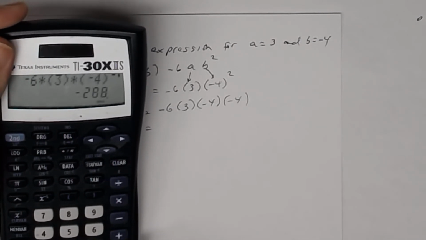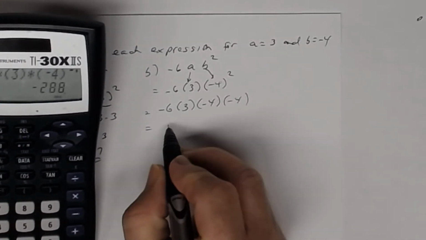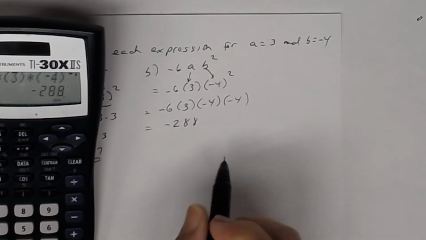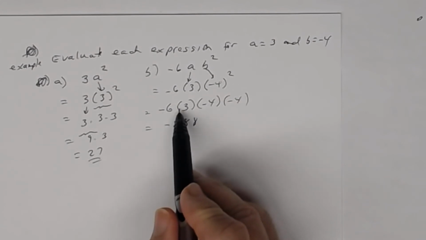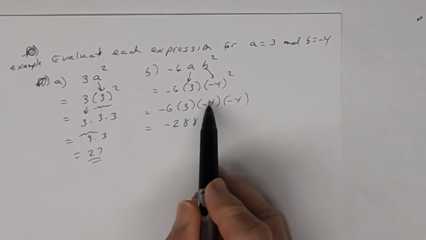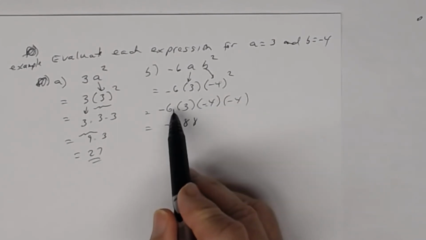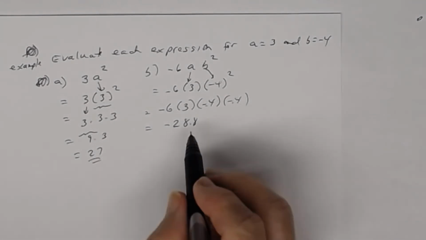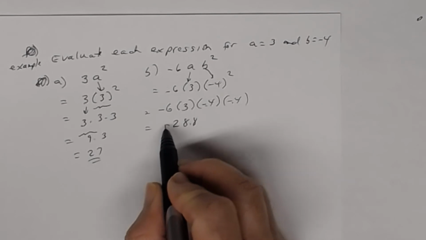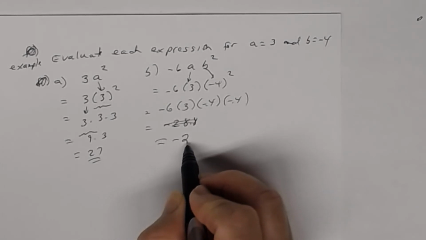And then equal, and you get negative 288. And I know it has to be negative because, look, a negative times a positive is a negative, times this negative is a positive, and this positive times this negative is a negative. Okay, so that's negative 288.